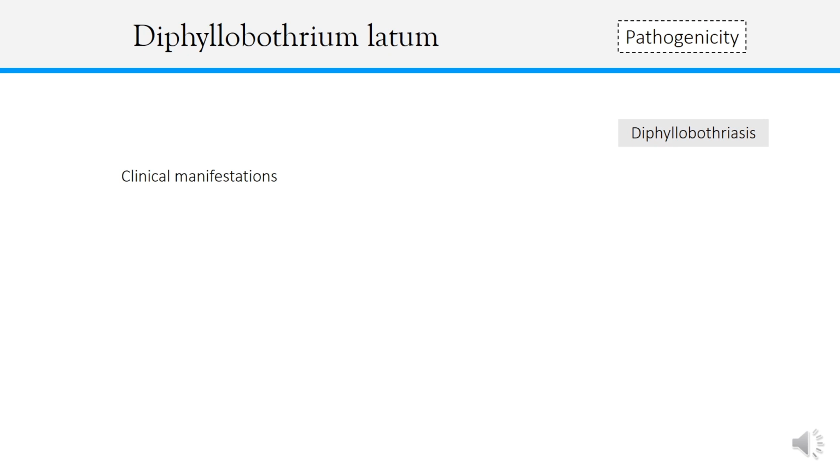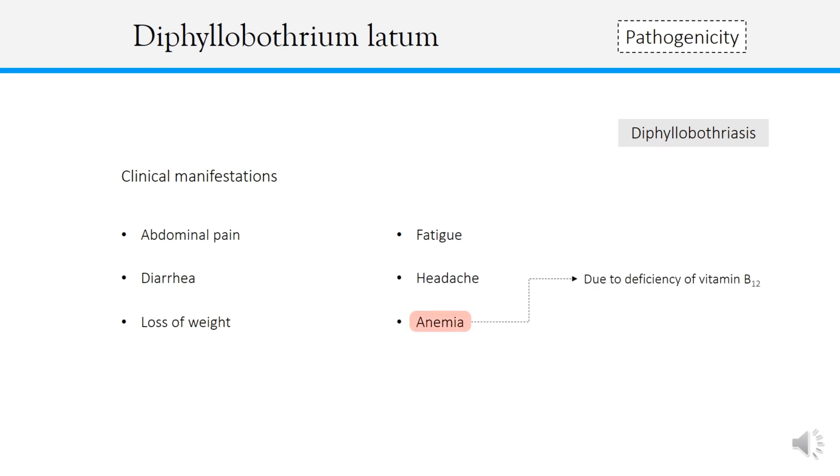The name of the disease caused by Diphyllobothrium latum is Diphyllobothriasis. Clinical manifestations are abdominal pain, diarrhea, loss of weight, fatigue, headache, and anemia. Anemia is due to deficiency of vitamin B12.